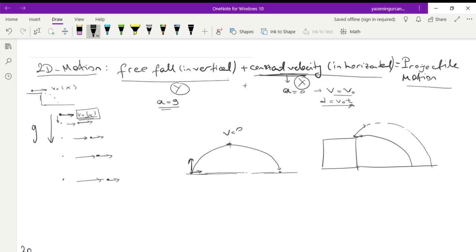Whereas you have a horizontal velocity, I'm going to call this Vy, and the horizontal velocity. In projectile motion, because it's two-dimensional, you have a vertical velocity and a horizontal velocity. Horizontal velocity is constant, that's why I wrote it here.